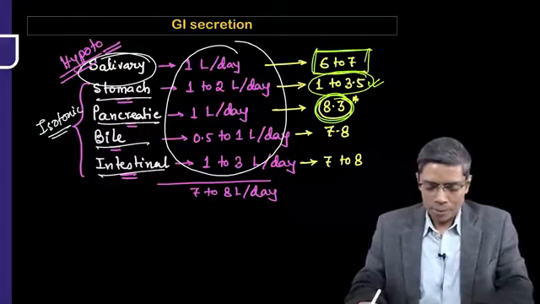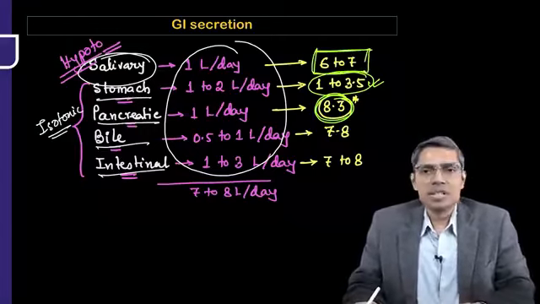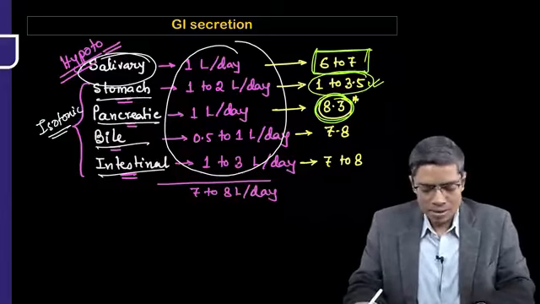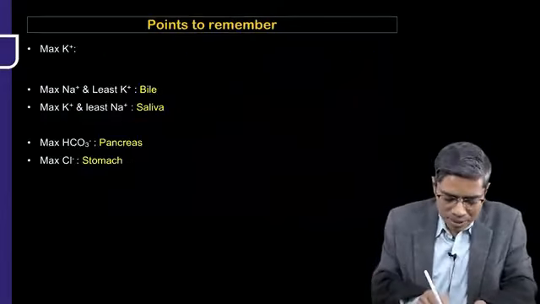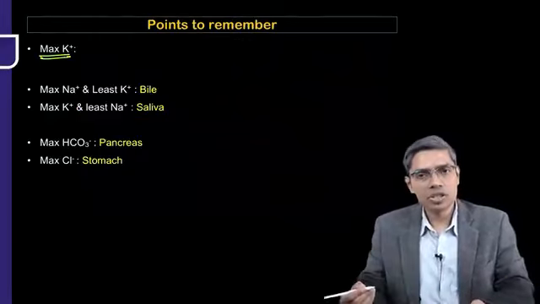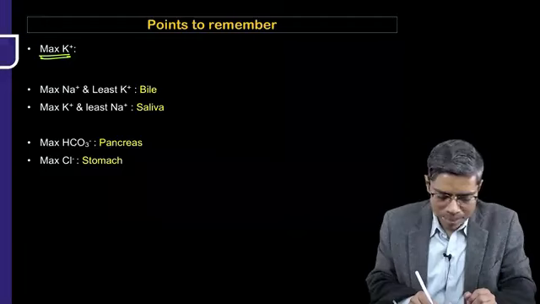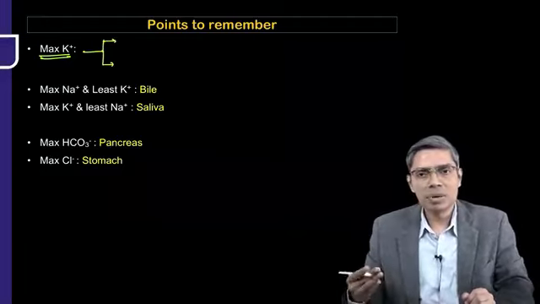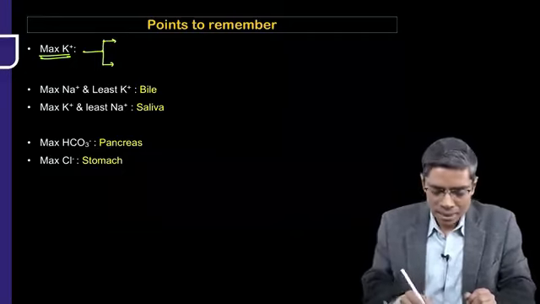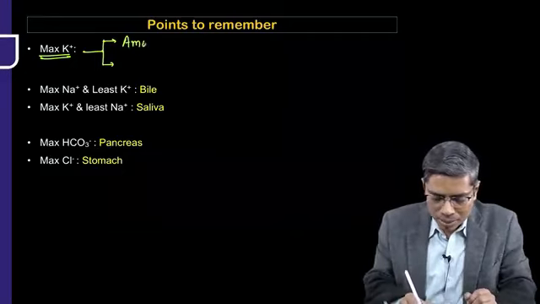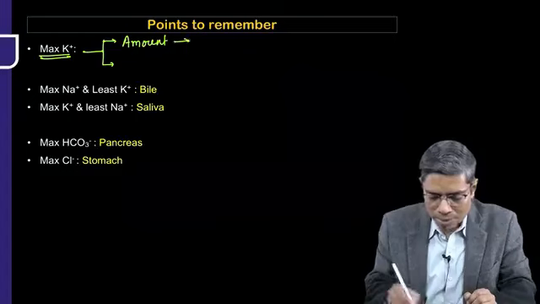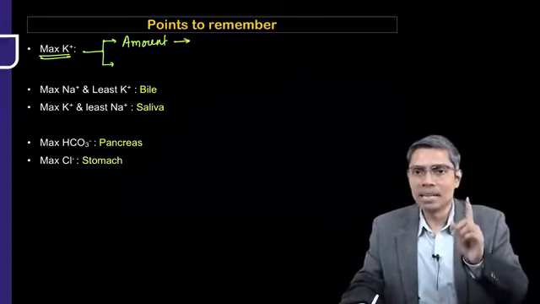Okay. Now, among all of these secretions, they also ask that maximum potassium is secreted from which secretion? Maximum potassium. This question has two parts. If they are asking that maximum potassium is secreted from which gland, then they are asking about the maximum amount of potassium secreted from which gland in one day.